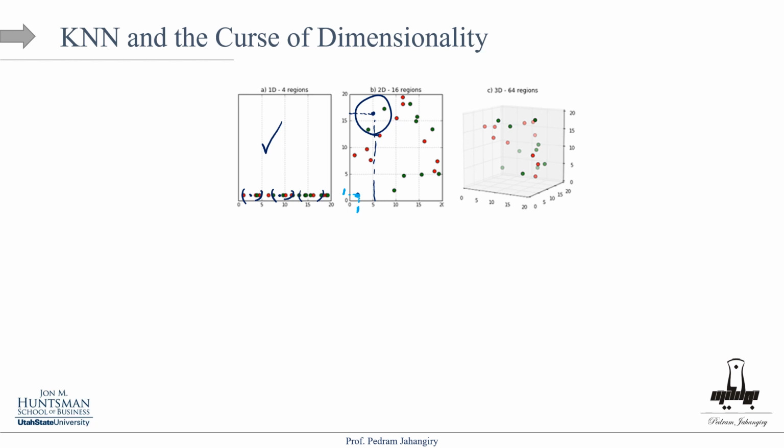And so in order to reach the closest observation, we have to expand the radius of that neighborhood, right? So we have to travel too far in order to get access to the first neighbor. Let's say the first neighbor is green. The problem here is that maybe this observation, in terms of characteristics, is not similar enough to this observation, right?